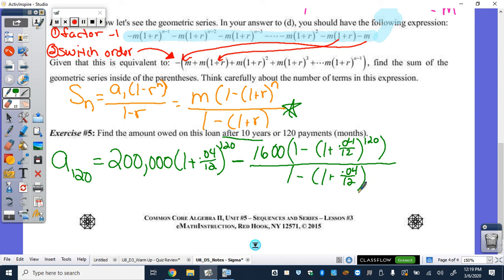So we had to use a series to help us figure out an explicit formula for this one to figure out any payment. We're looking for after 10 years, how much is left on that mortgage.